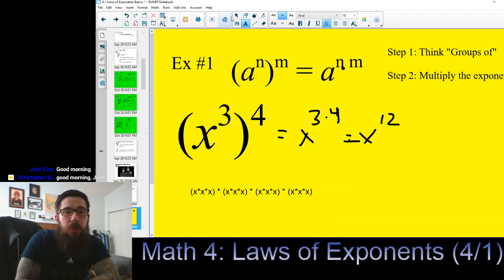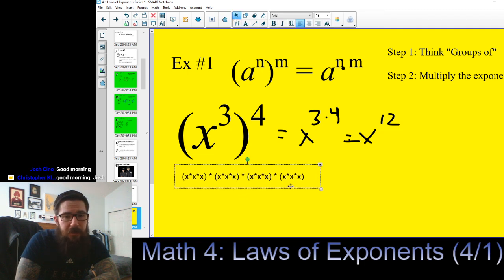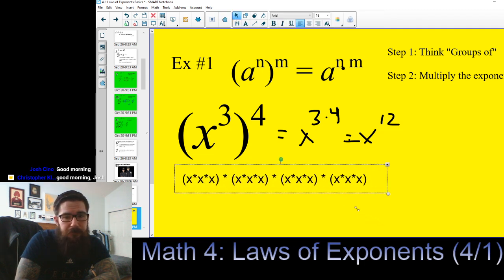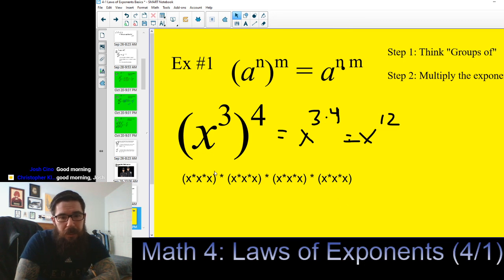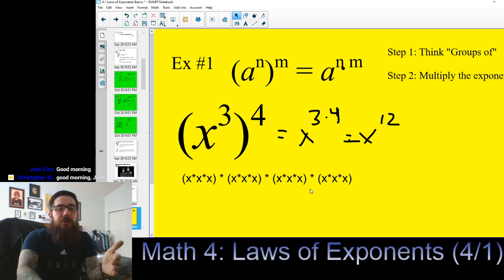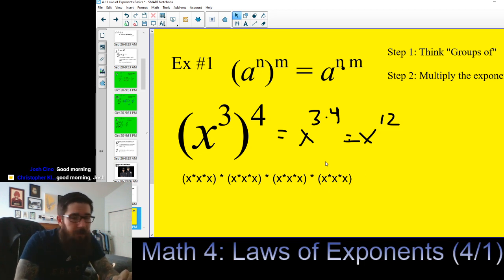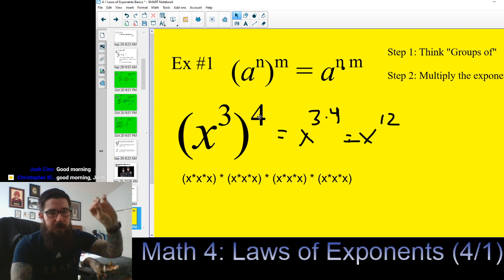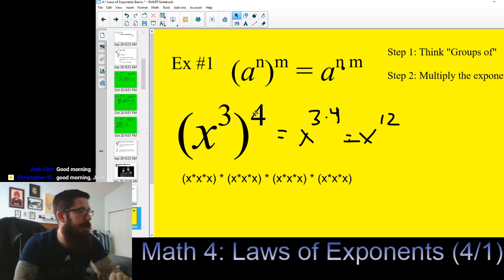This is the full expansion of this guy, and I'll make it a little larger for you. At this point, you can probably visually see, do we have those 12 x's? Yes. I don't ever want you to write this all the way out. Recognize I have an exponent raised to another exponent, multiply them, move on.